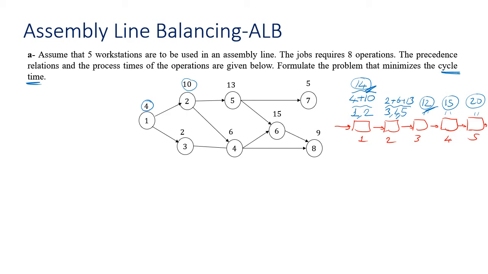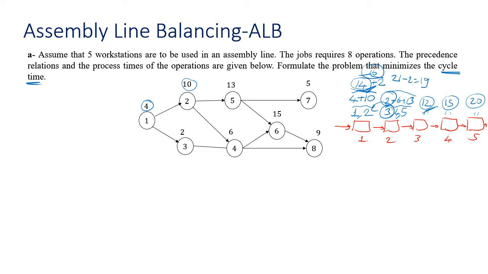For example, instead of allocating the third task to the second workstation, if I allocate it to the first one, what would happen? This 14 would be plus 2, it would be 16, and this 21 would be 19.